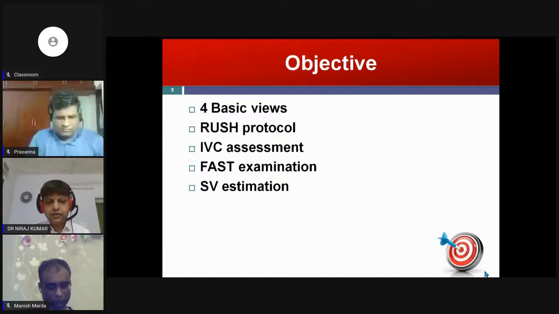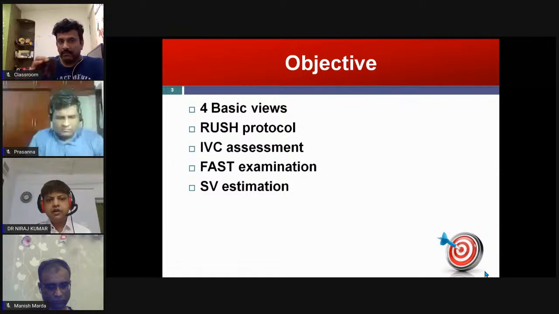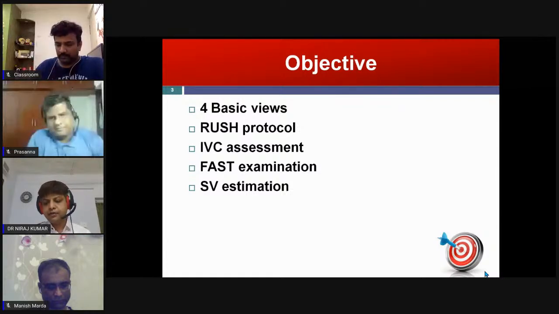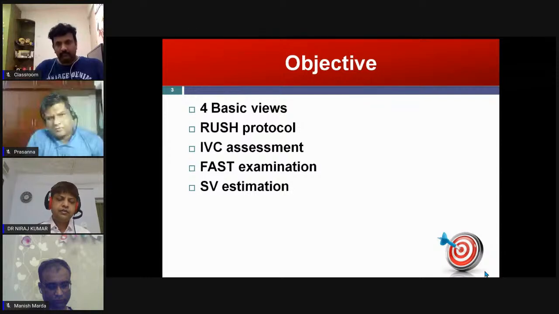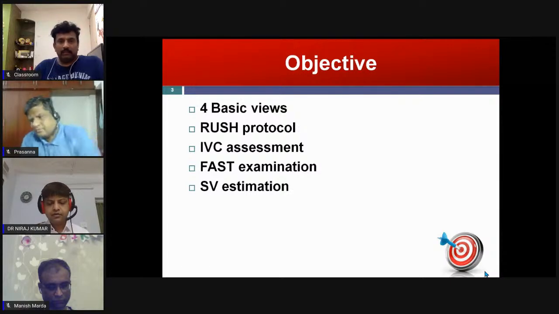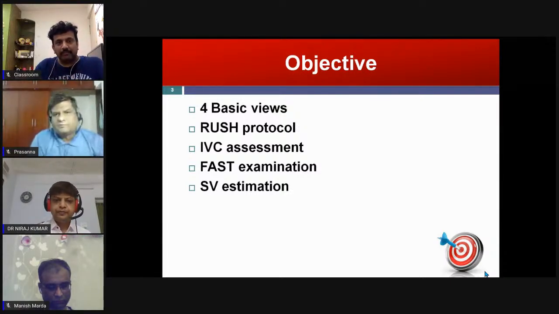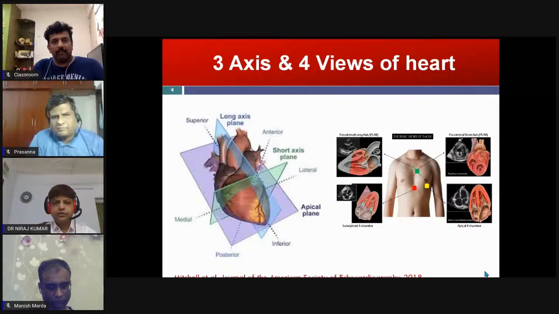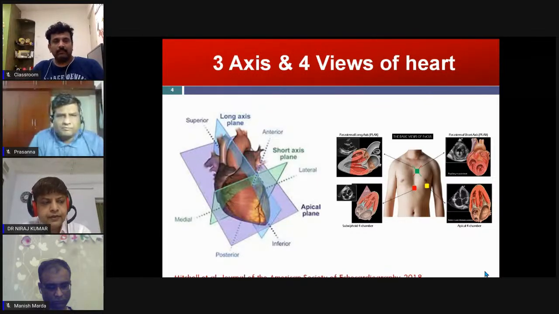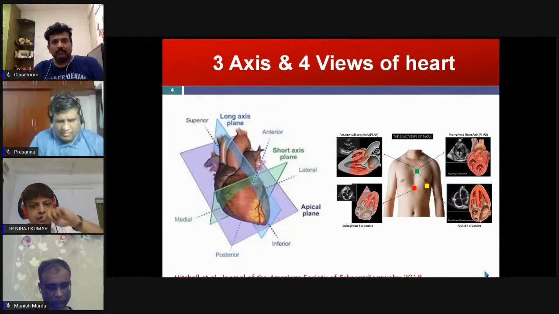So this completes the basic echocardiography and RUSH protocol for the management of shock patients. After that, we will discuss in brief how stroke volume is estimated or calculated by some simpler techniques. So first of all, we are going to start with basic echocardiography.